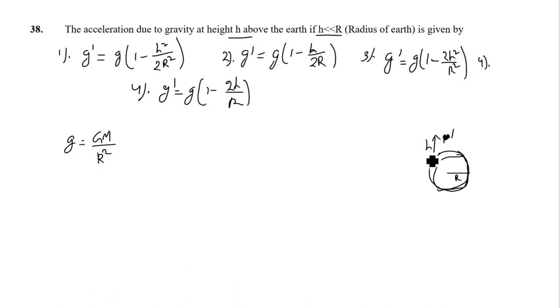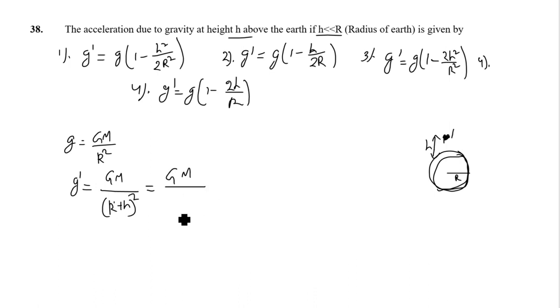When we go to a height h, our new acceleration due to gravity becomes GM, and the distance becomes (r plus h) square. In the question, it is given that h is very less than r, so we just simply calculate it.